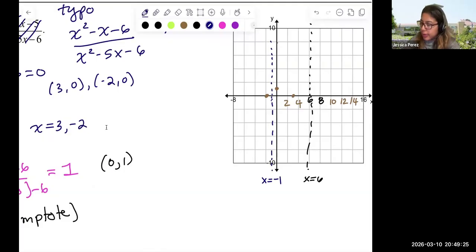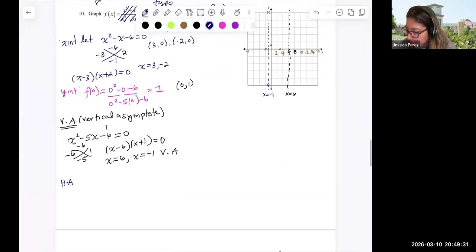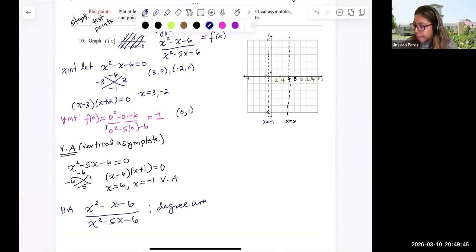Now, if I have a horizontal asymptote, well, what's my degree? I have x squared minus x minus 6 over x squared minus 5x minus 6. The degrees are the same. So then if they are equal, then it's going to be the ratio of the coefficients.